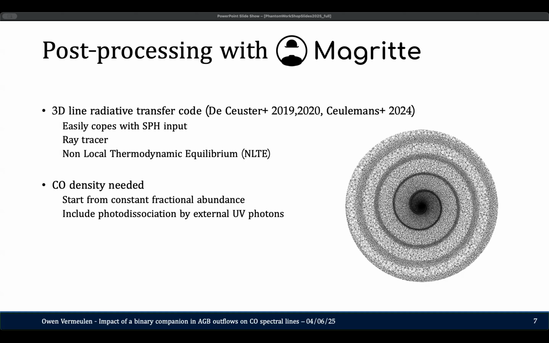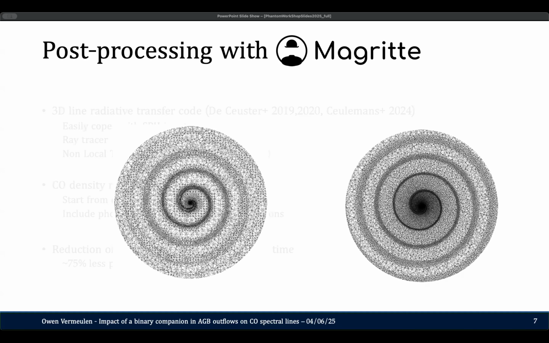Finally, because these radiative transfer equations can get quite computationally expensive to solve, Magritte also allows us to reduce this mesh. And so we always reduce by 75%. And so the new mesh we can also visualize, which looks something like this. So the morphology is still kept whilst the computation time significantly decreases.